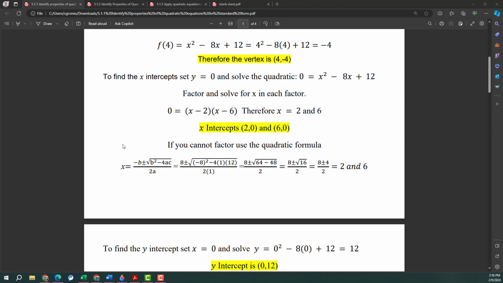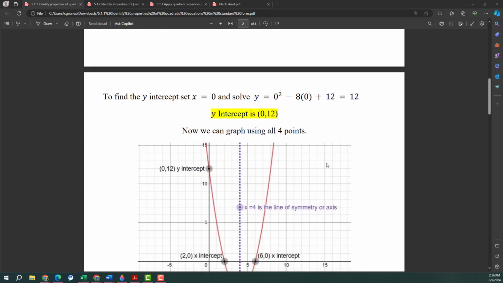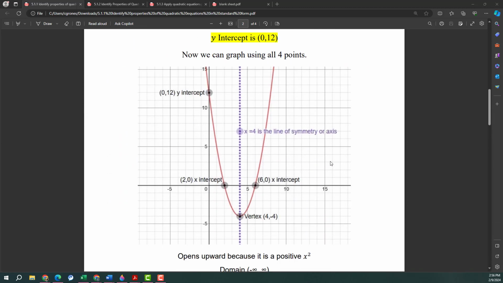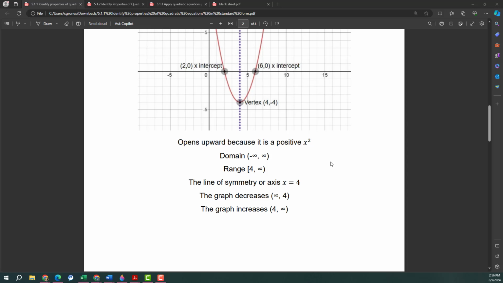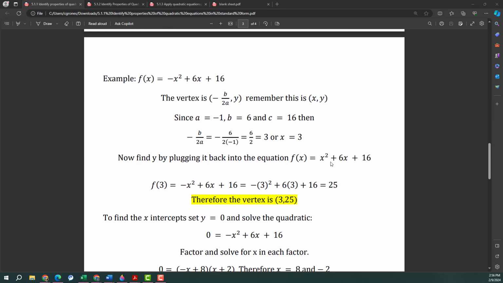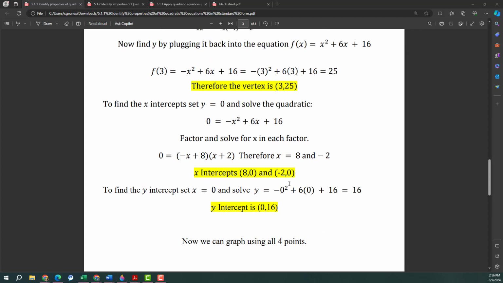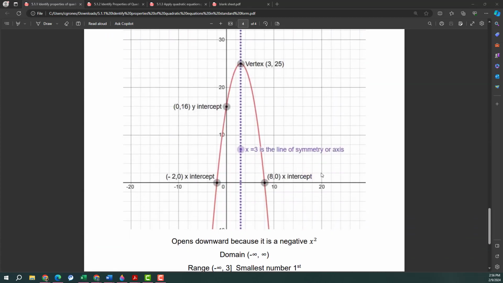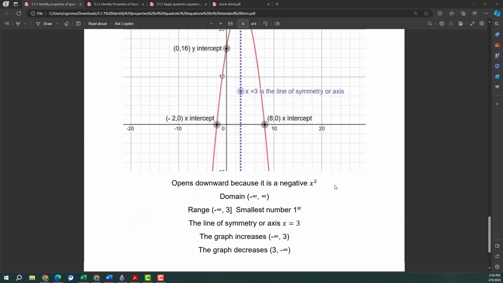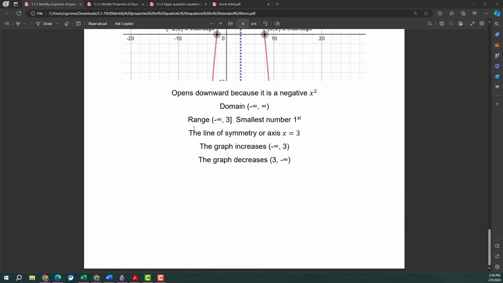And then there are some examples for if you cannot factor, use the quadratic formula. So look at some of these examples on the notes. And then look at the different graphs that go with it. So that is 5.1.